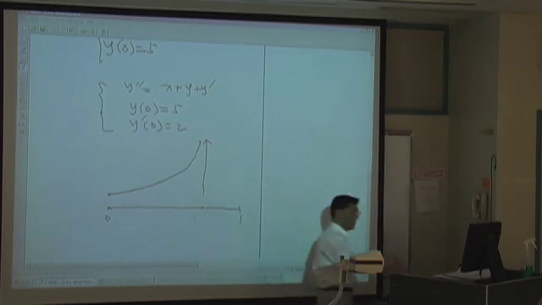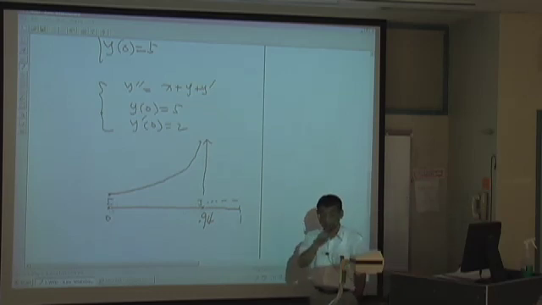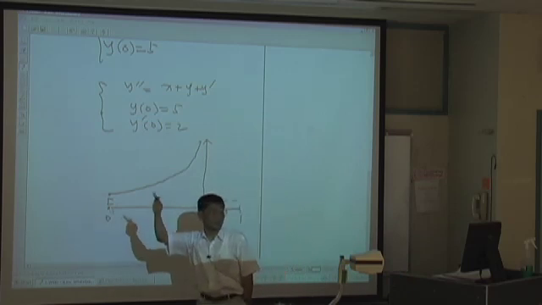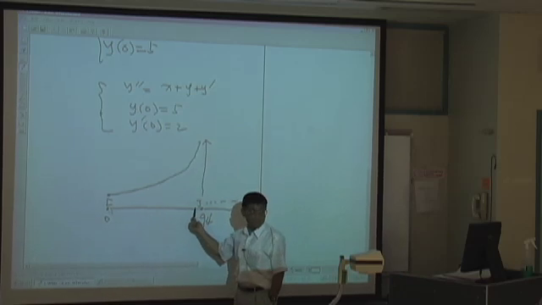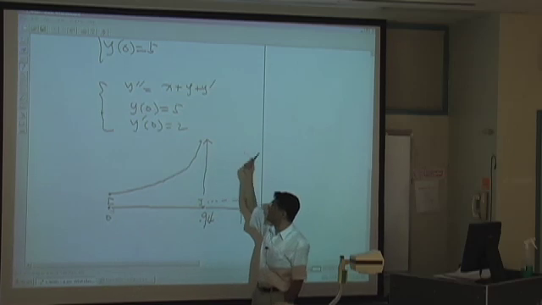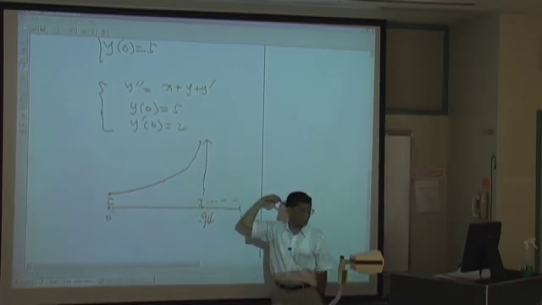For instance, if at 0.94 the value goes to infinity, then you don't have to find values after this. You just stop around here. Whenever the solution blows up, you don't have to go any further, because once it blows up, mathematically, it is impossible to find the correct one afterwards.